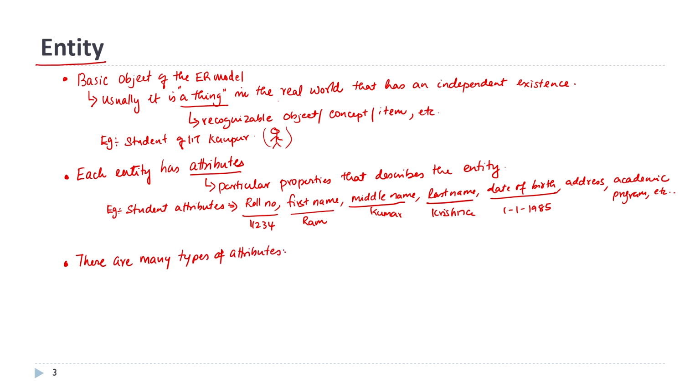Okay. Many of them are there, and some of the important ones we are going to discuss now. Okay. Simple attribute. Okay. It is also known as atomic attribute. Okay. Versus composite attribute.